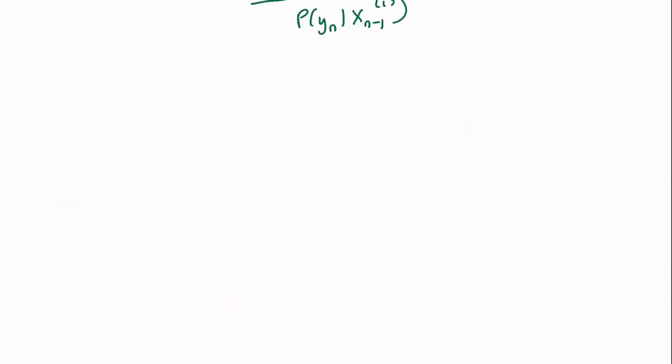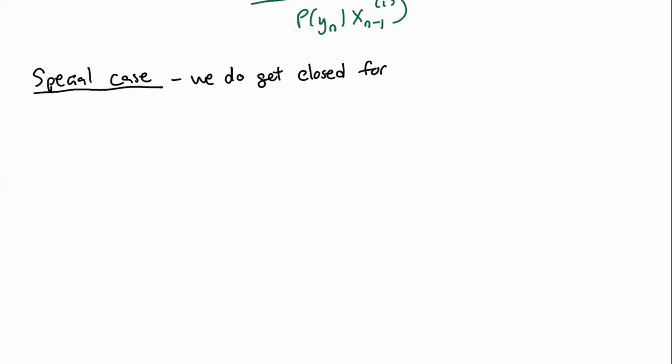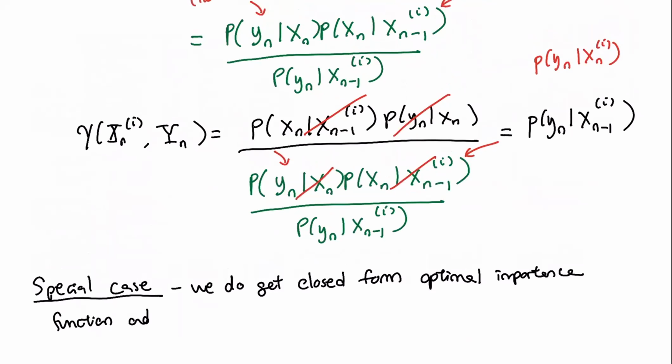Let's see. There is a special case when we do get a closed form optimal importance function, and also this weight update term, the probability of y_n given x_{n-1}^i.